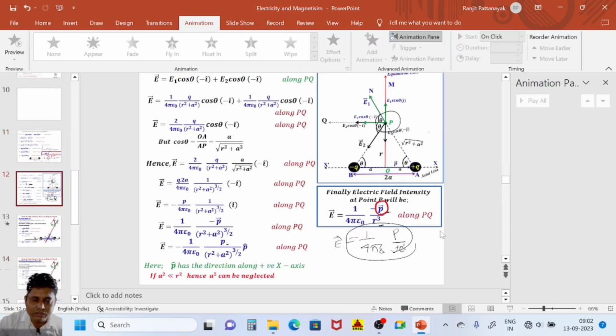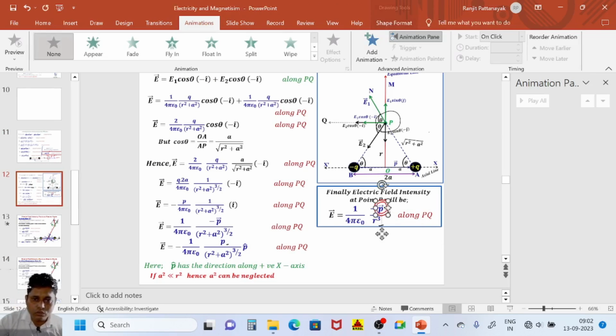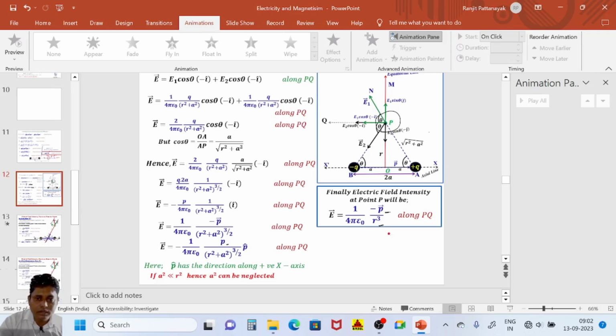Likewise, for the equatorial case, at point P, which is the equatorial point of this dipole, we found the electric field intensity is P magnitude by r cubed, only the magnitude. Forget the minus sign, which gives the direction.